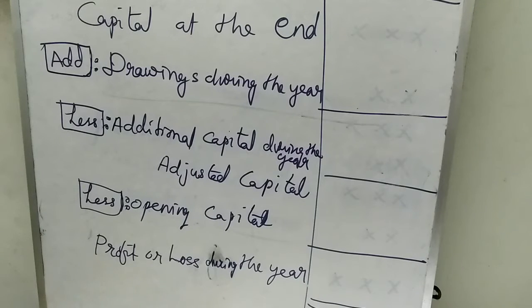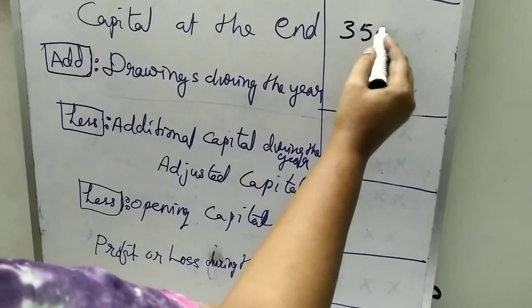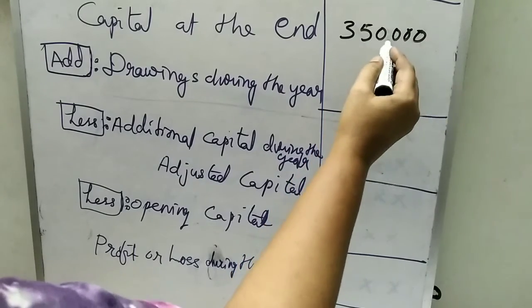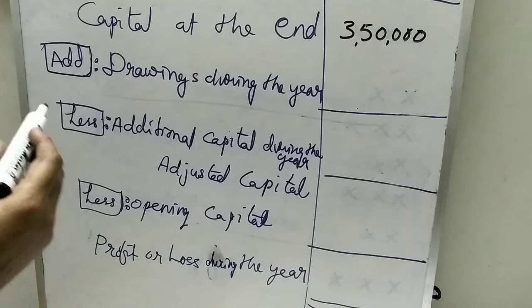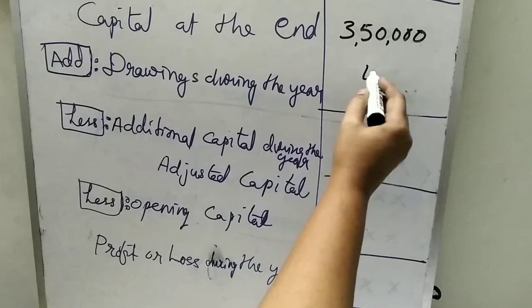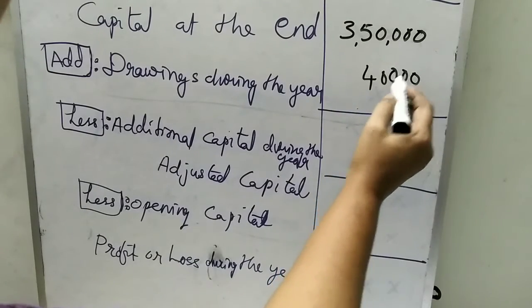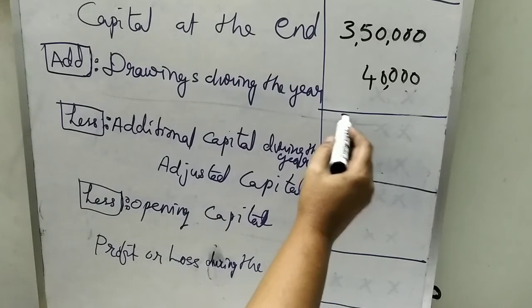That is given in the question. How much is the closing capital? 3,50,000. Then the next one is add drawings. How much is the drawings? That is given as 40,000. So you will get 3,90,000.